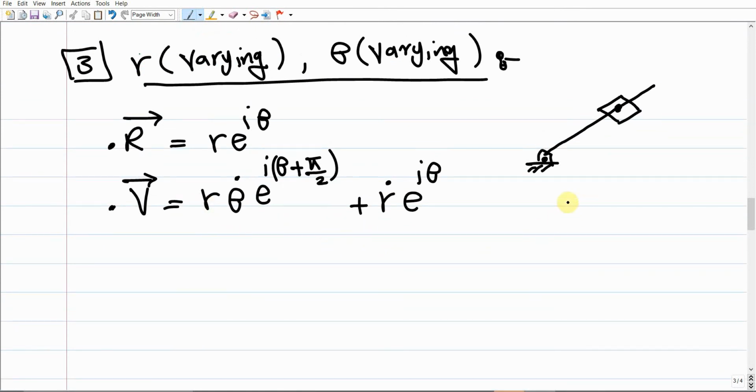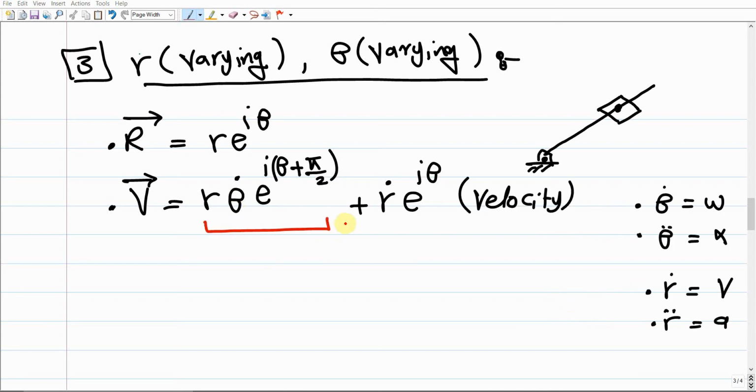Remember that theta dot indicates omega, the angular velocity, but theta double dot indicates alpha, the angular acceleration. Also remember that r dot represents a linear velocity, but r double dot represents a linear acceleration. Make sense? So this is for the velocity. Now let us figure out these two components.